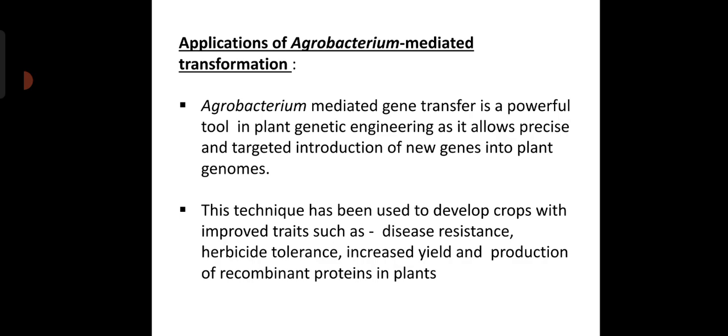The third application would be molecular farming. Agrobacterium mediated transformation is used to produce recombinant proteins in plants. The other application is biosynthesis of novel compounds. This is used for production of novel compounds in pharmaceutical industries, chemical industries, etc.